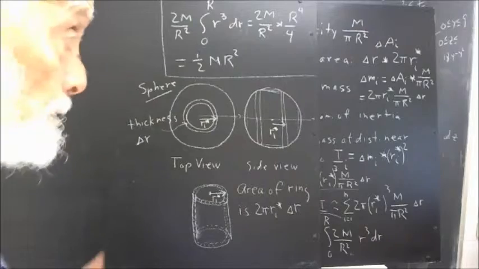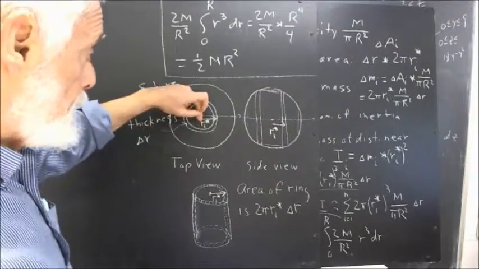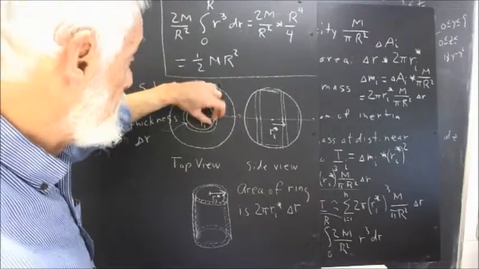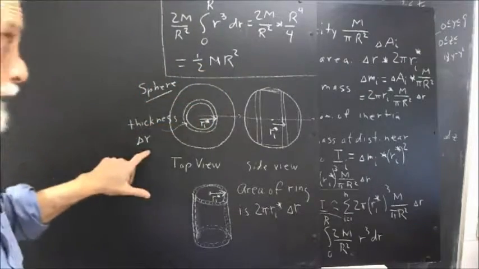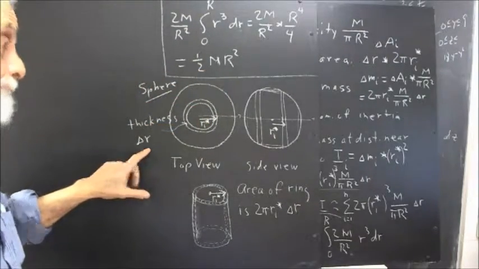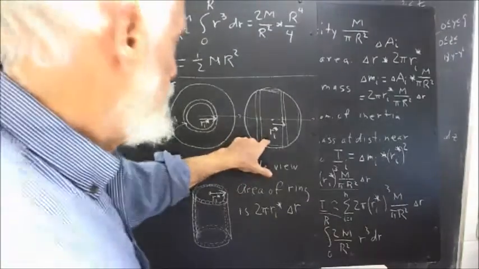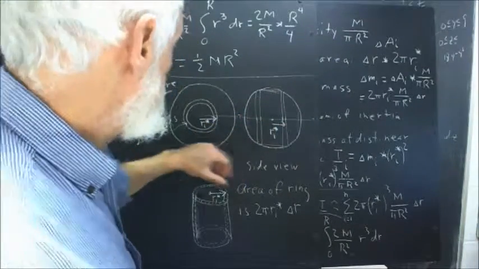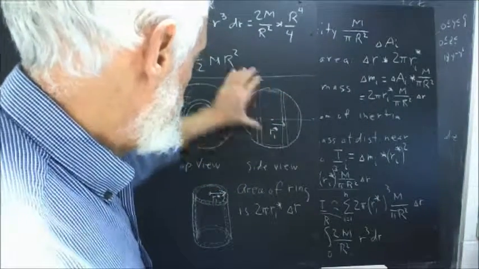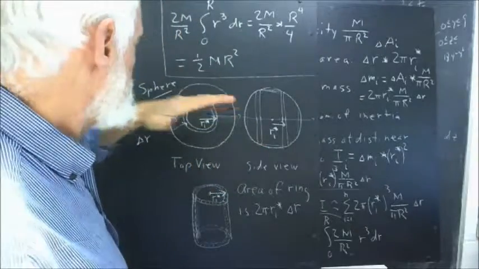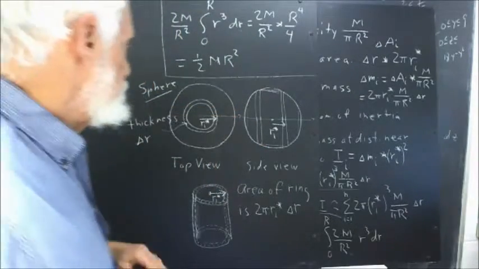Now, as before, we're going to take r sub i star to be the radius of this ring, and the ring is going to have thickness delta r. Here, again, we see r sub i star. We're just looking at the intersection of this ring with the plane.